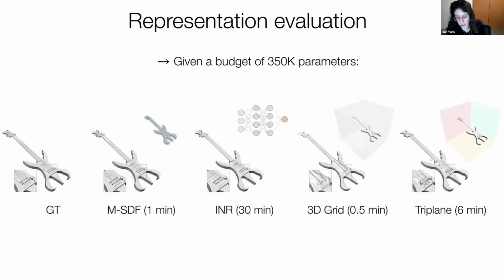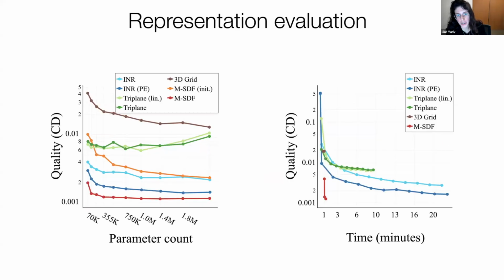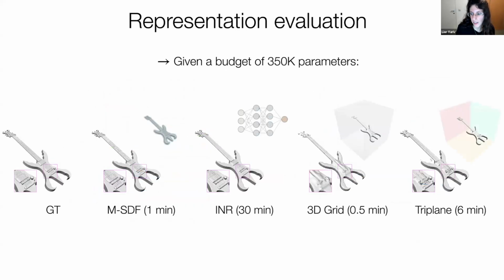Here in this slide we just show other quantitative results, where we want to establish our representation as a good and valid representation according to the design principles that we have: in terms of efficiency of approximation according to parameter count, and also in terms of timing. But this is very high level.